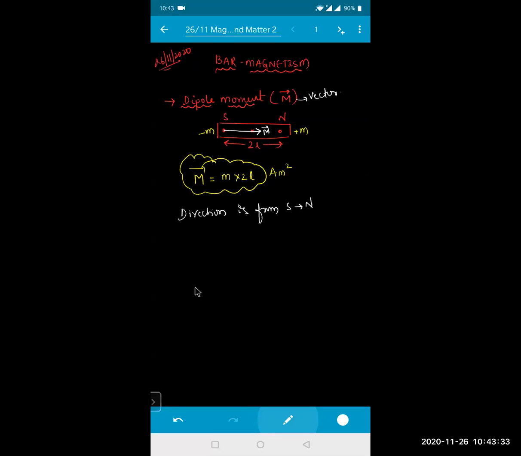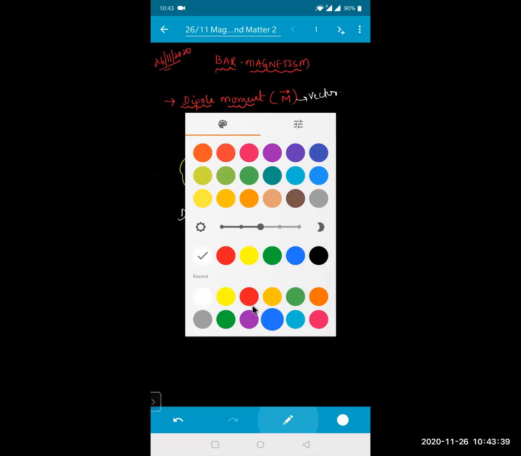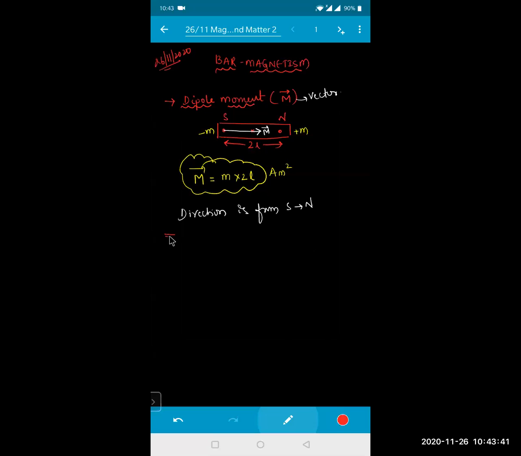Now see this one better. If I cut a bar magnet into two pieces, something like this. So next heading you can write as cutting of bar magnet. This is the bar magnet.